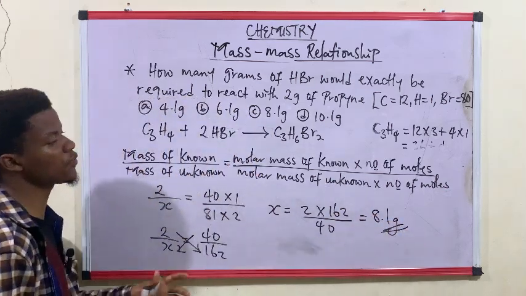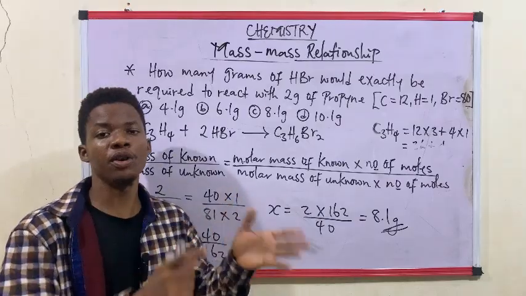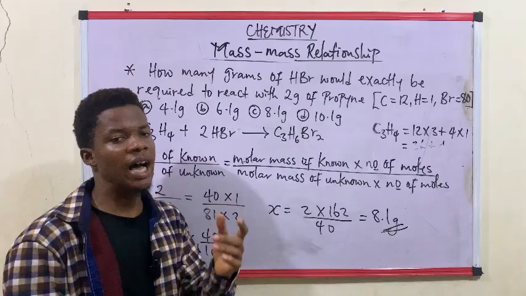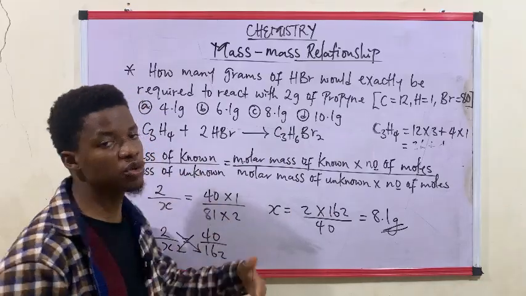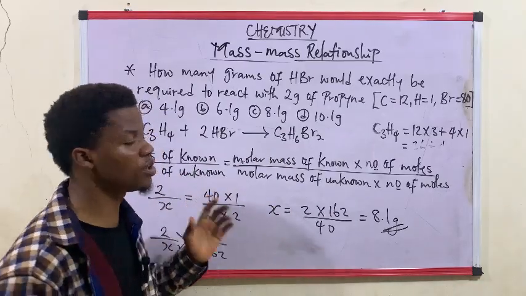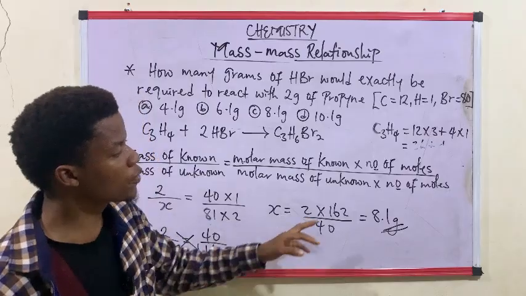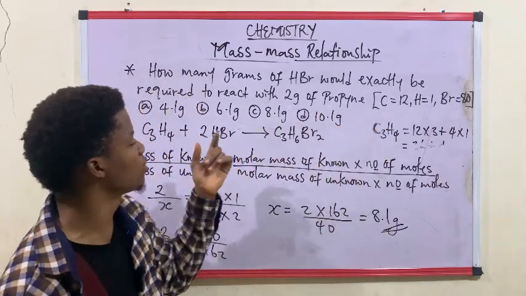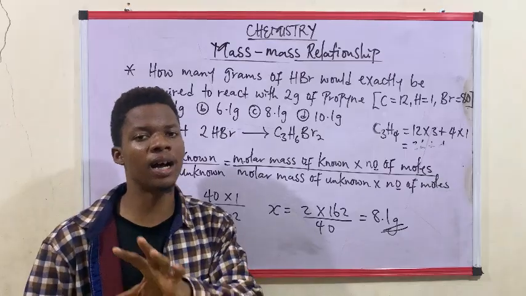So you can use this formula method for any of the previous questions you have seen. You can take this formula back to example 1 and begin to try them. You see that it's going to give you what is correct. Please don't forget, do not omit this number of moles, very important. And you get this number of moles from the balanced chemical equation.